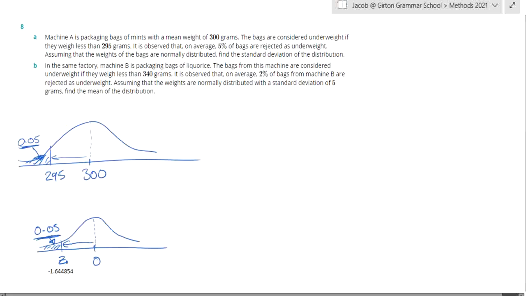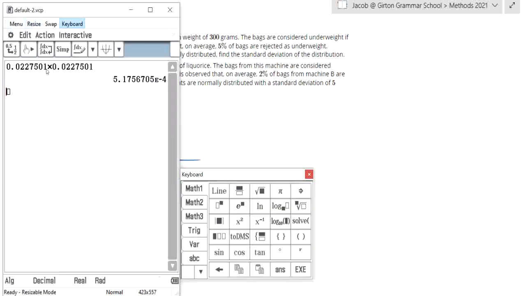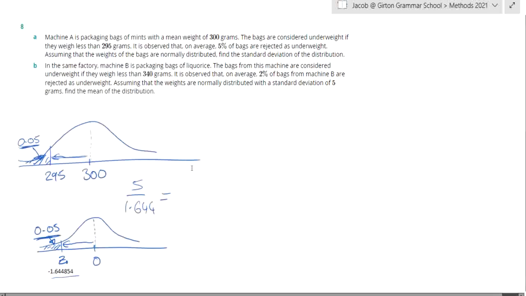So the distance from here to here is 5, so if we take that 5 and we divide it by 1.644, that will tell us that our standard deviation is 3.039. Alright, this is standard deviation.